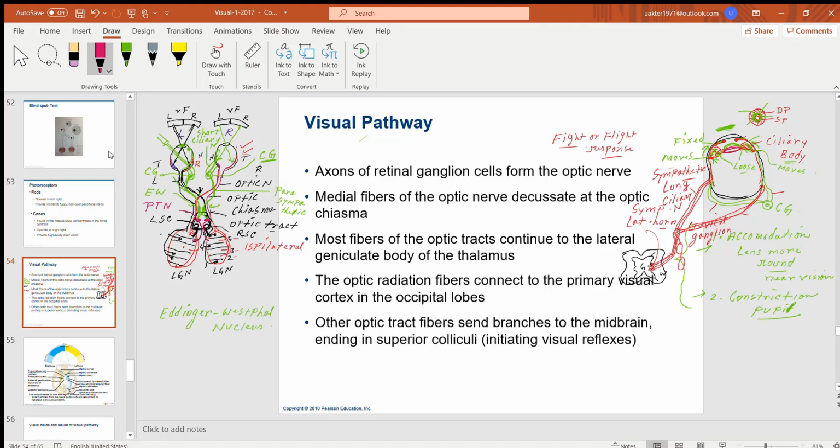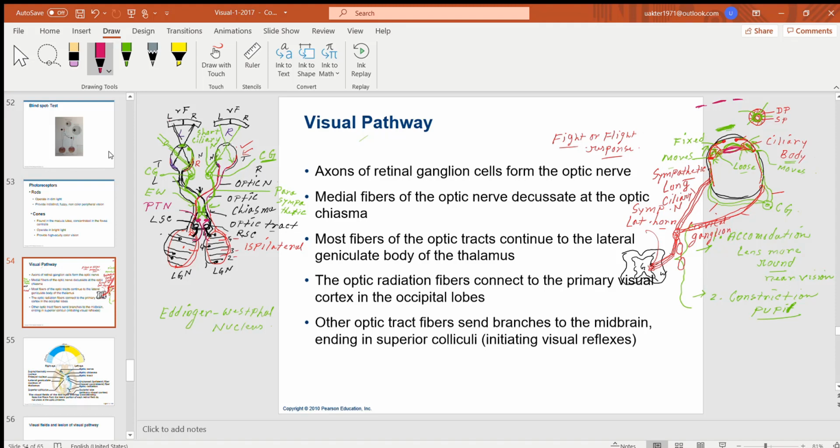When the lens gets flat, that helps in seeing the far object, and that actually makes sense. When you are scared, you look around, right, to escape or decide what to do. So you see around quickly, and that is helped by this flat lens. Makes sense? Far vision. That is one.